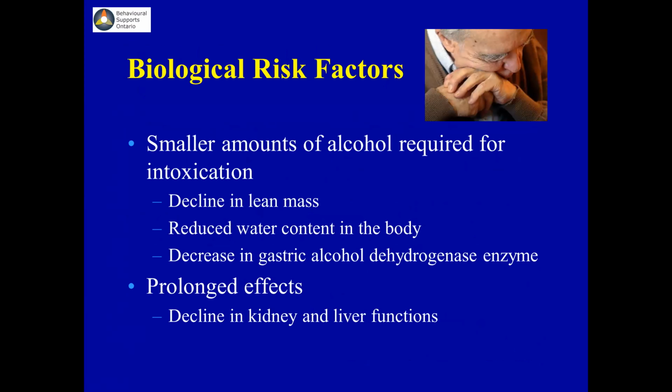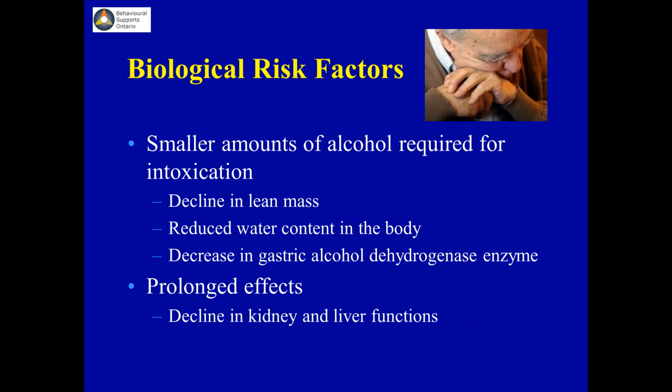So the reason why we look at older adults as a specific subgroup and why we need specific criteria or recommendations for older adults is physiologically, older adults are different. We know that with age, the body changes. So we know that smaller amounts of alcohol are actually required for intoxication for an older adult compared to a younger adult.